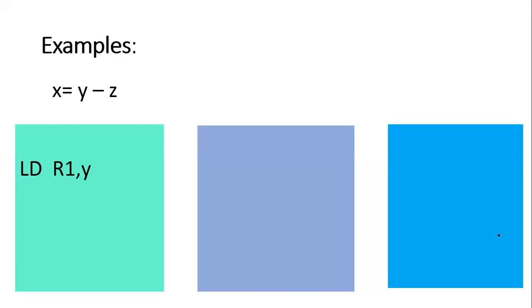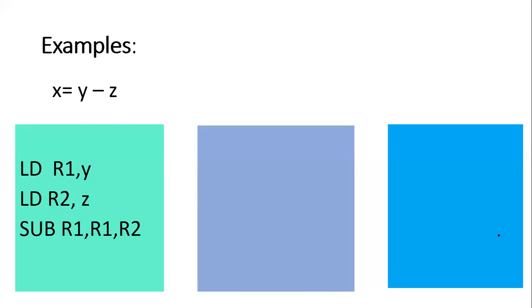We'll take the example, load R1 with Y. First you are loading R1 with Y, and after that you are loading R2 with Z. Because of the instruction we are considering here, you can directly subtract into R1, but you can write like this also, LD R2 comma Z, and after that subtract R1, R1, R2.